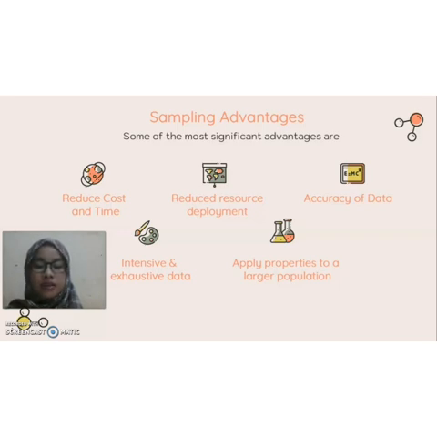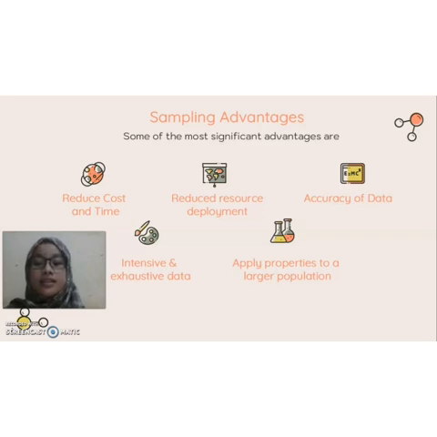It is obvious that if the number of people involved in a research study is much lower due to the sample, the resources the researchers require are also much less. The third is accuracy of data. Since the sample is indicative of the population, the data collected is accurate.